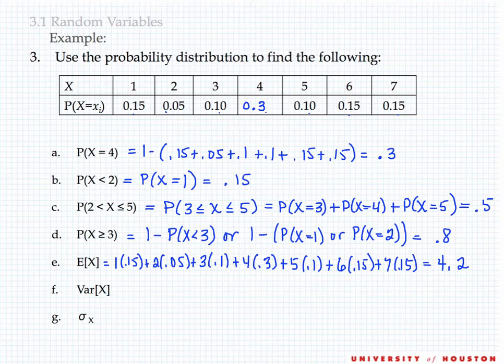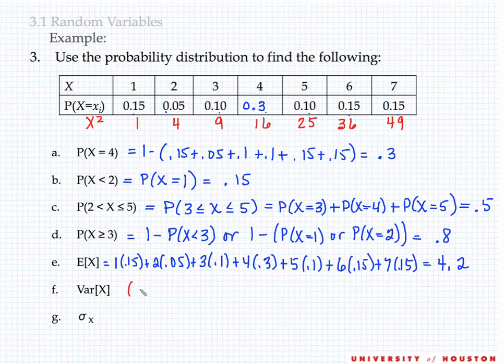Now to get the variance, I need to list my x squared values. So I'm squaring every value for x. And I'm going to multiply each of these times the corresponding probabilities and add those up. And that will be my expected value for x squared.